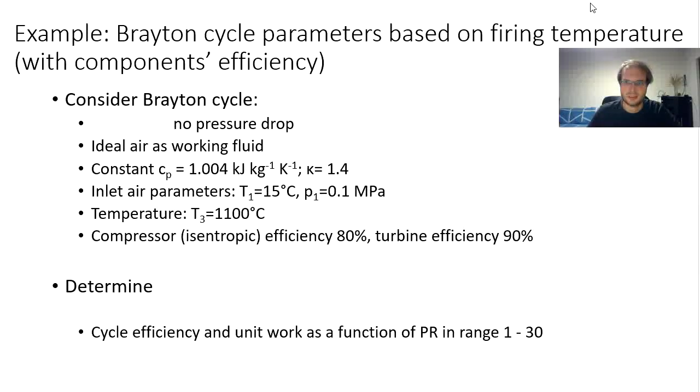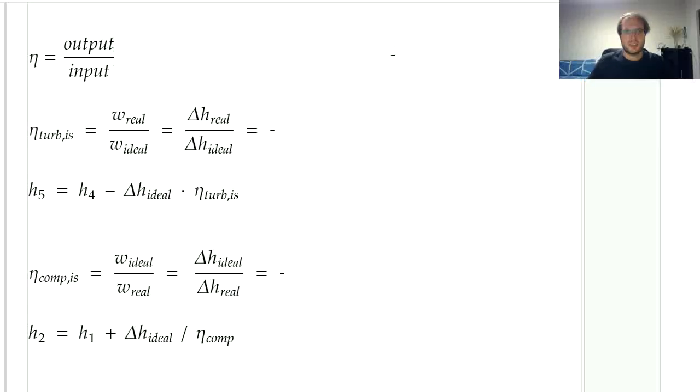The rest of the example remains the same, and now let's implement it in our calculation. So for the isentropic efficiency, let's recall from the last tutorial on the Rankine cycle that the isentropic efficiency of the turbine is the ratio of the real work output to the ideal work output.